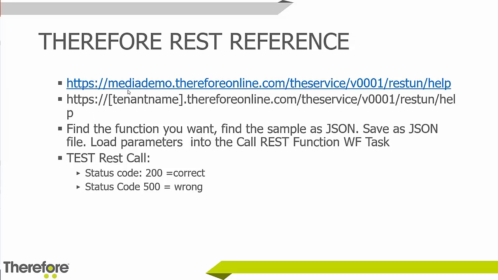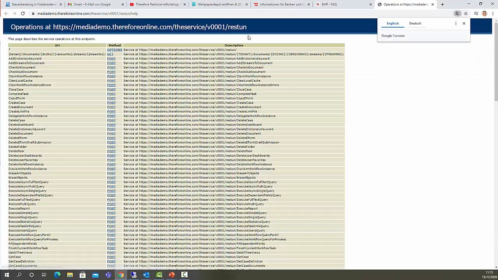If you want to look up what kind of REST calls we have and what we can offer, I want to show you the documentation that we have. If you are using Therefore Online, you just type in the tenant name.thereforeonline.com/the-service, like you see here, and you'll see a whole list of the different REST calls that are available.